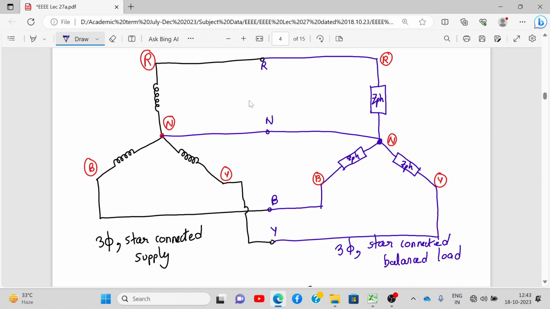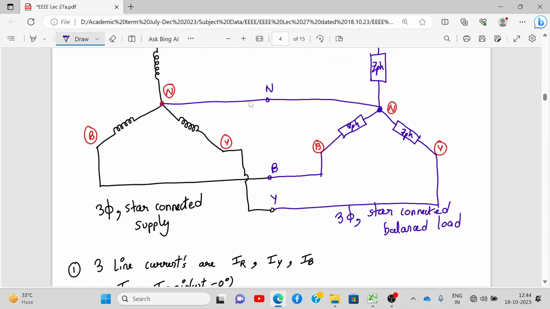Meaning if Z phase is RL, a coil, R and L, this also will, all three will be RL coil only, having the same power factor. Okay, that's why it's a balanced load. So this is three-phase star connected balanced load, and the entire system is called as three-phase.